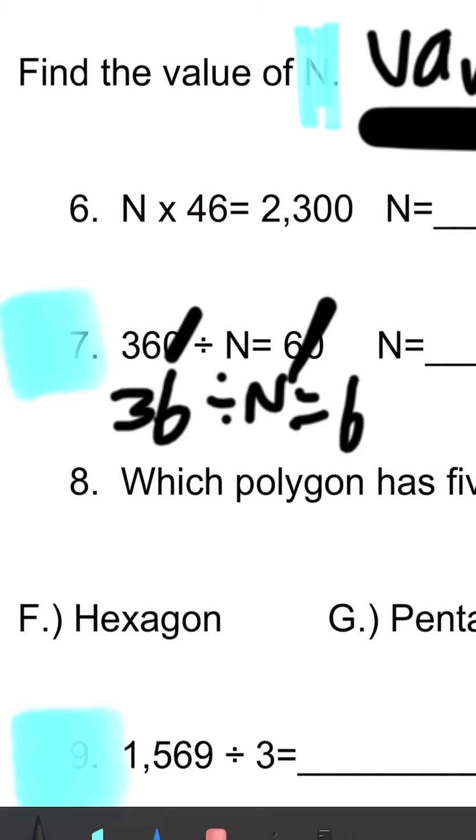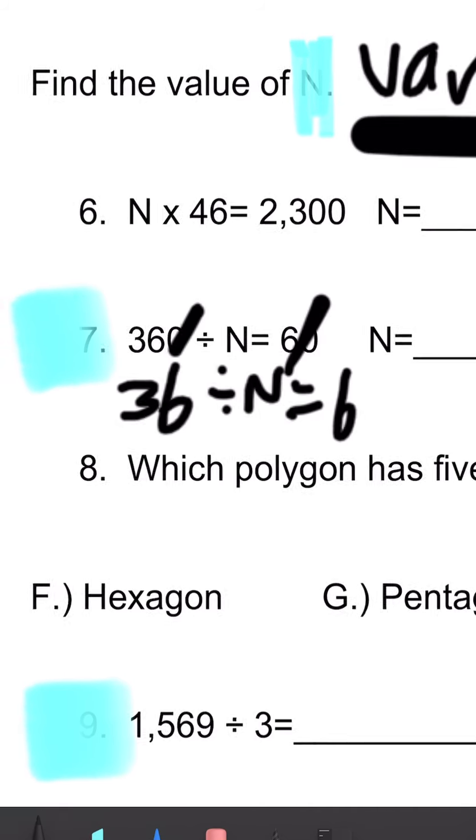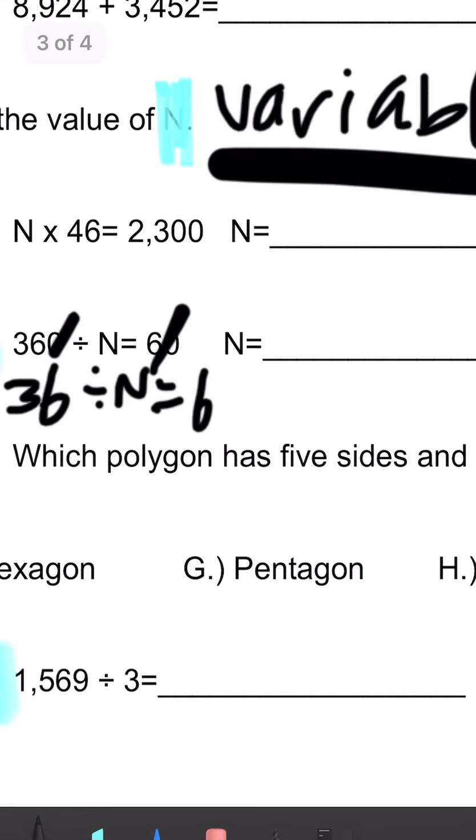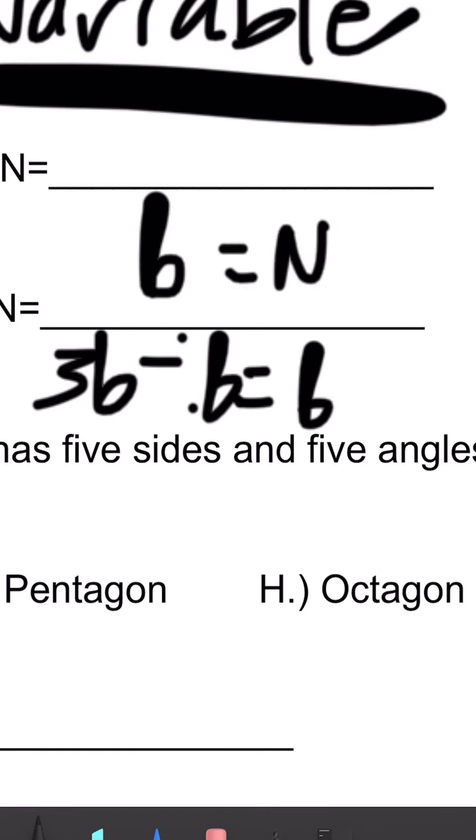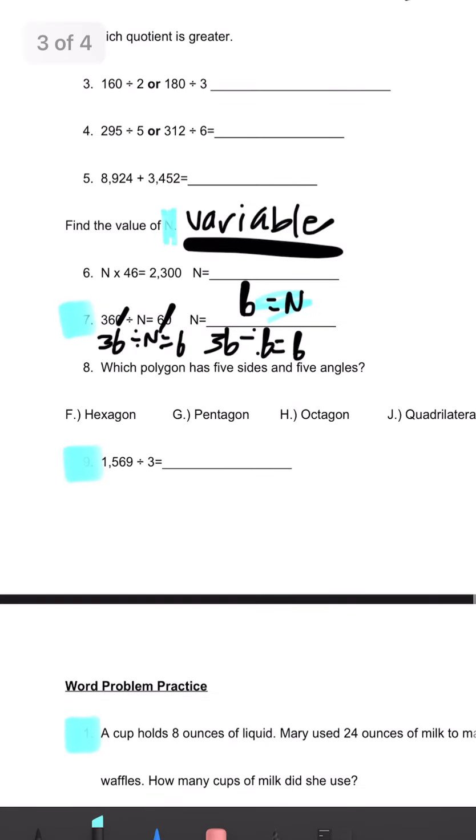So what can n be? You can go 36 divided by 6. 36 divided by 6 equals 6. So we'll write 6 equals n. And you have to put the equals n. This is very important.